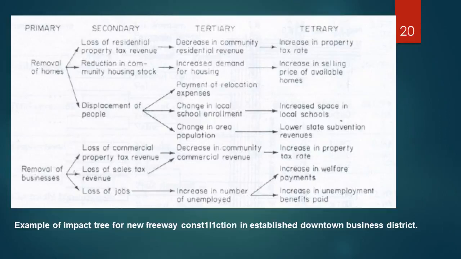And the tertiary impact of the secondary impact, loss of residential property tax revenue, will be a decrease in the community residential revenue and an increase in property tax rate.